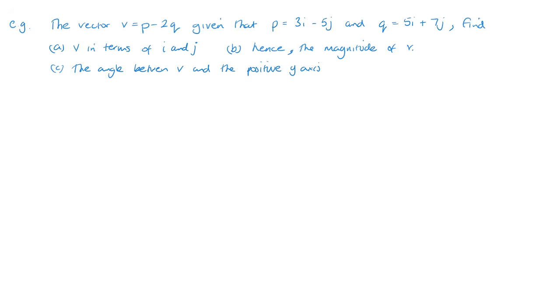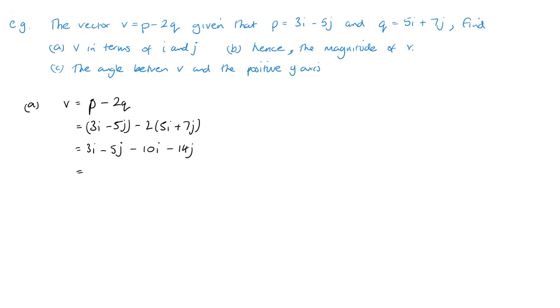So let's start with a. So v is p minus 2q, which is 3i minus 5j minus 2 lots of 5i plus 7j. So that's 3i minus 5j minus 10i minus 14j.